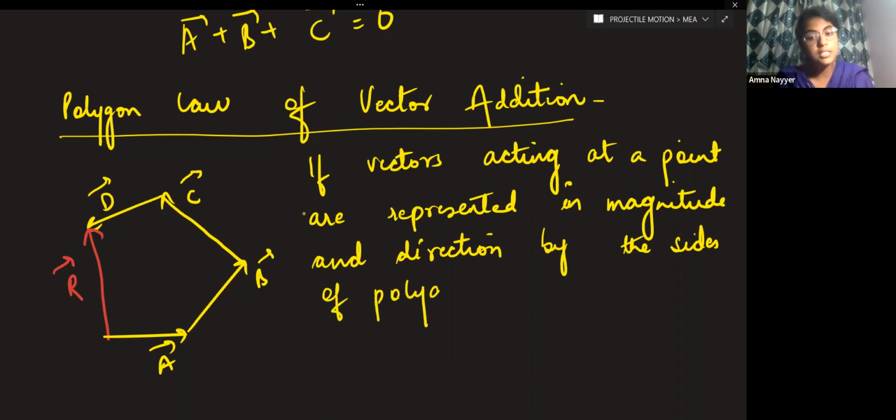Again, one condition that is valid for triangle law and polygon law: taken in same order. For parallelogram, they were coinitial, they had the tails coincided. Here, head and tails are coinciding.